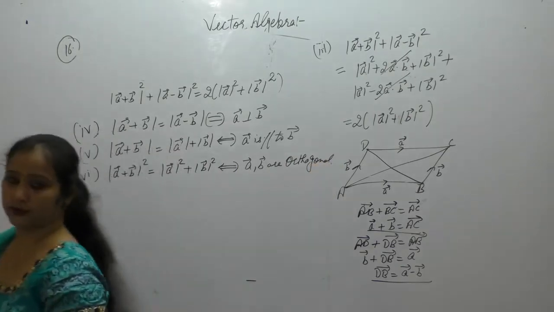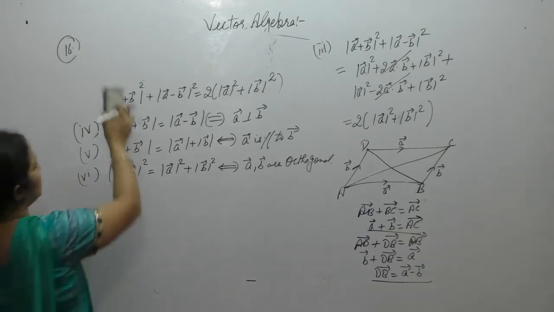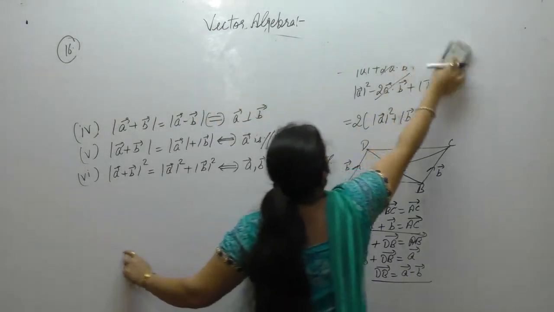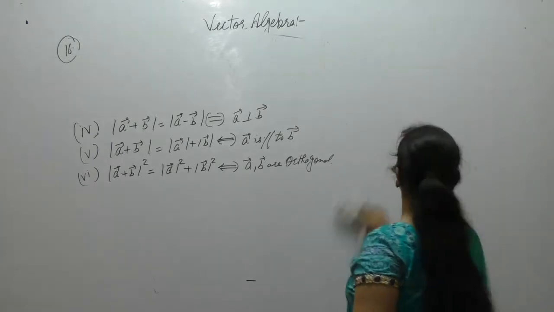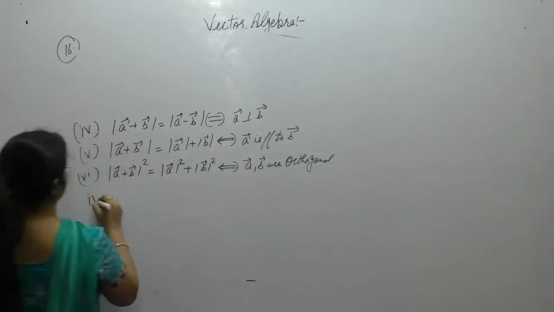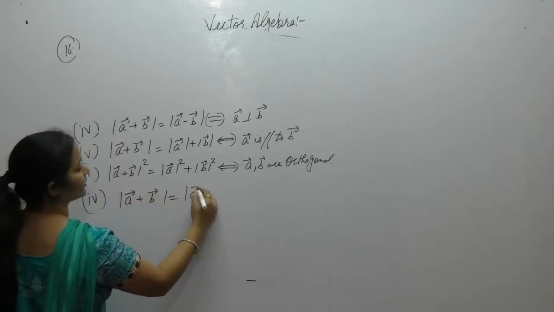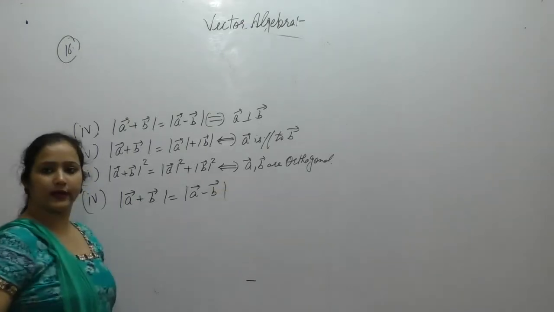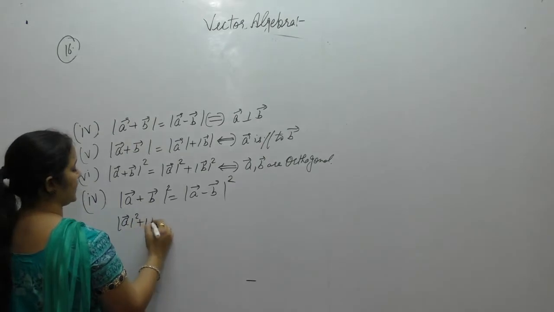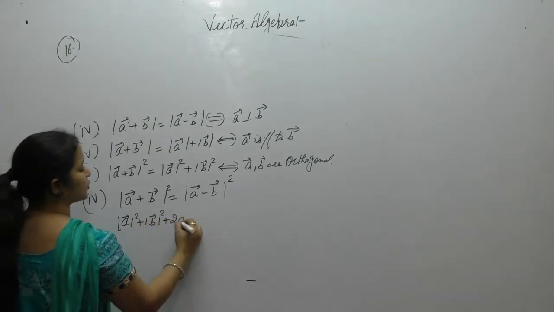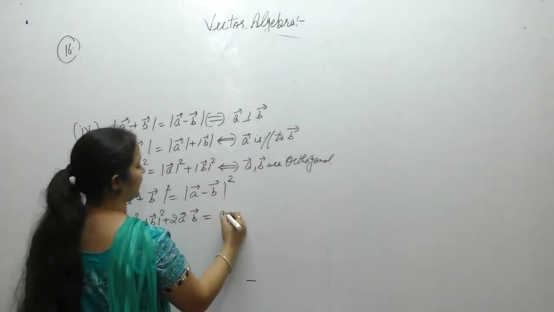Now for the fourth part, it is given that modulus of A vector plus B vector is equal to modulus of A vector minus B vector. Now squaring both sides, modulus of A square plus modulus of B square plus 2A dot B. We proved this just now in the first and second part.